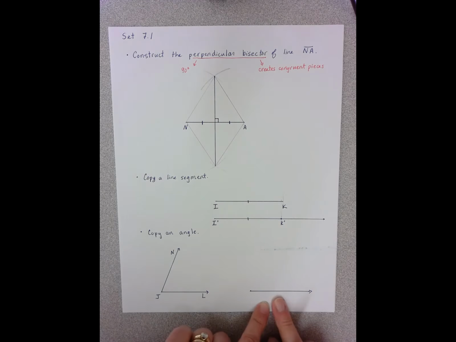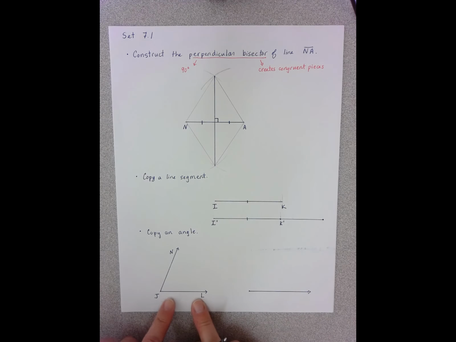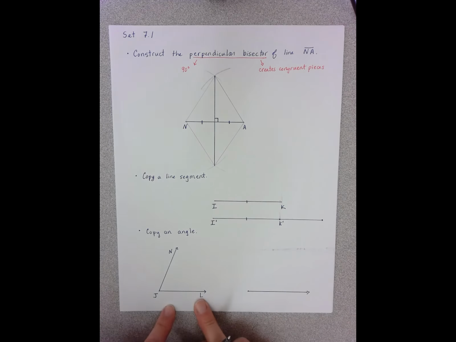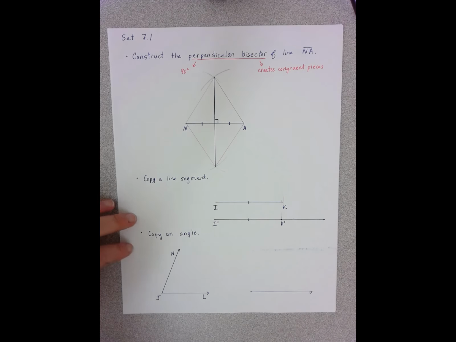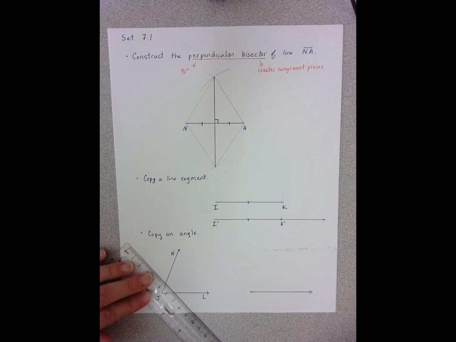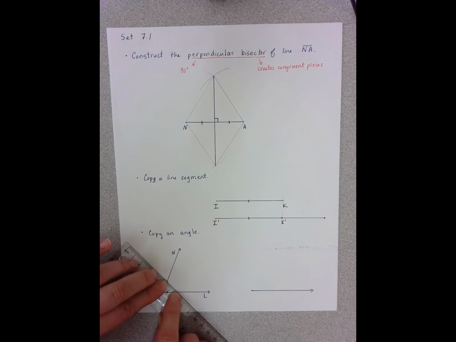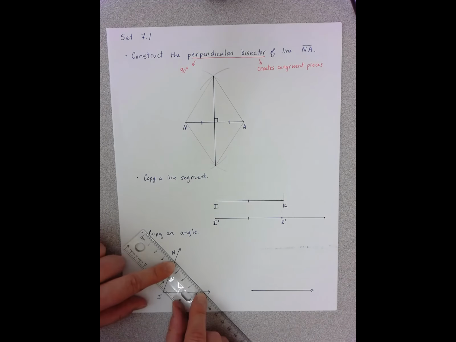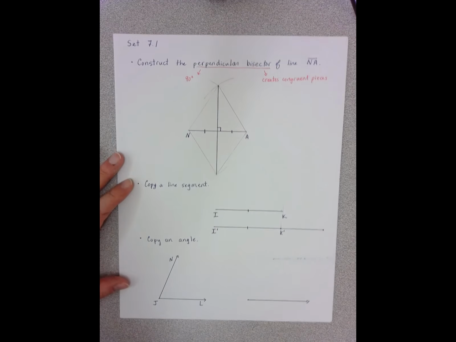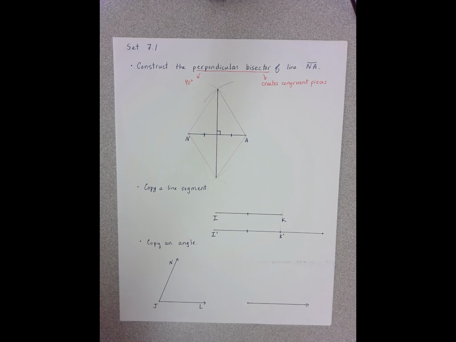This ray right here is where the JL piece sits. I now need to measure this angle, but I want you to notice that if I measure the angle with any measuring tool, this length is going to be smaller than this length. So before I can measure, I have to set where I am measuring.